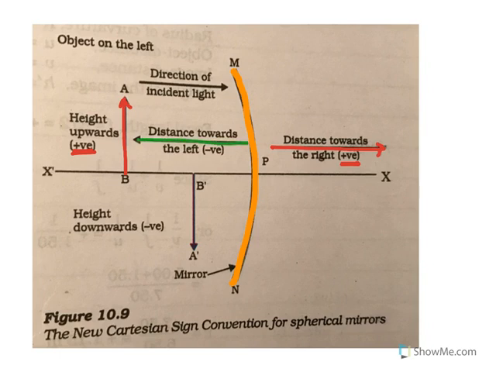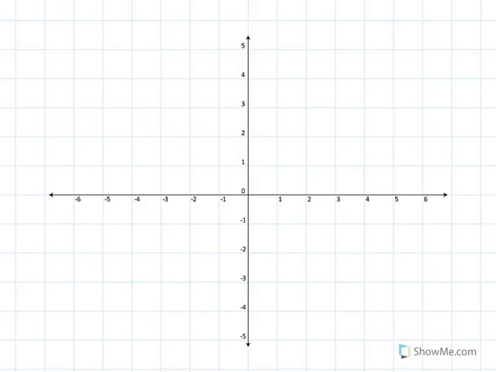Distances measured to the left are taken as negative, and distances measured downwards are taken as negative. And here is the direction of the incident ray, which means the objects are always kept on the left side. Here, the object is always on the left.